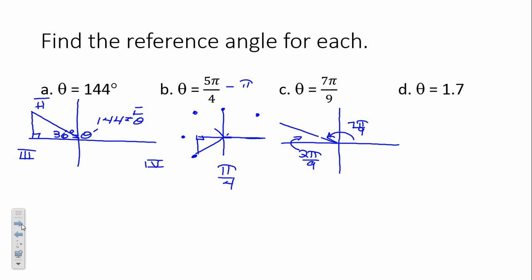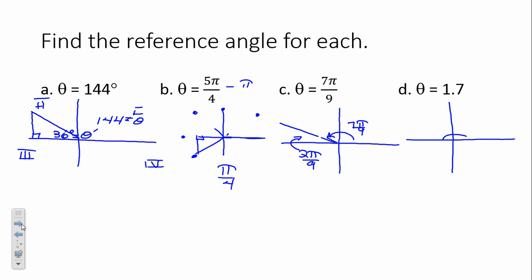So think about them in terms of fractions, but your semicircle is your pi, or half of the rotation around. Okay. 1.7 is something that's already got pi multiplied in. All the way here is pi radians, or 3.14 radians, right?